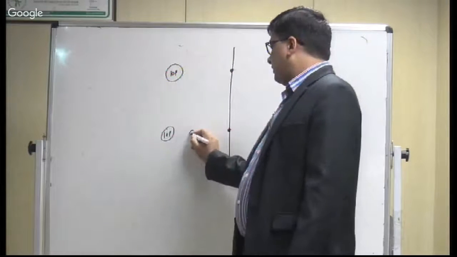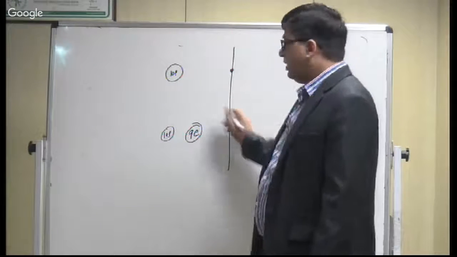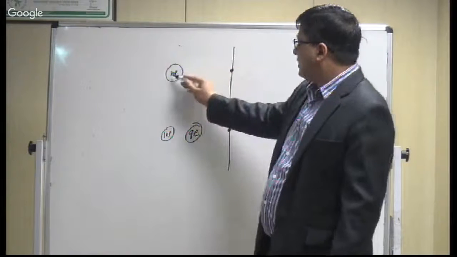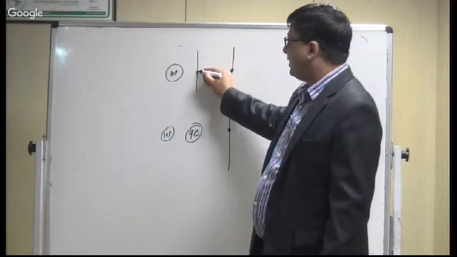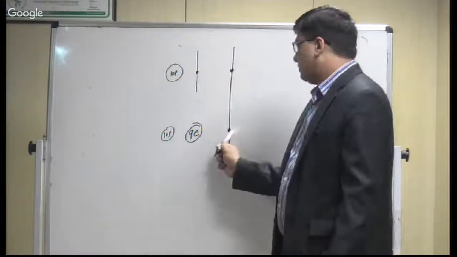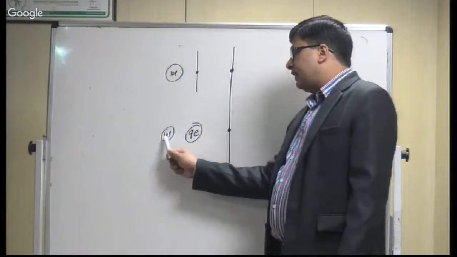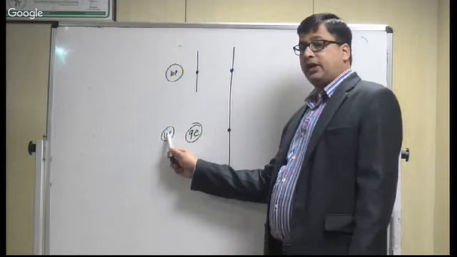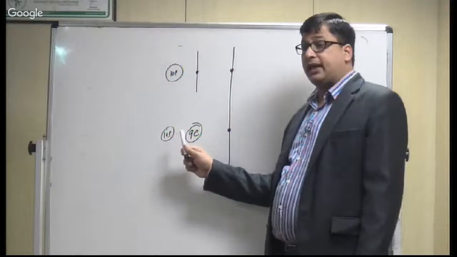Now, let's say there are 9 electrons between these 10 protons and this electron, and there is no other electron. So this proton attracts this electron and it comes very close to this nucleus, right? But in this case, these 9 electrons decrease the positive charge, which is known as shielding or screening effect.